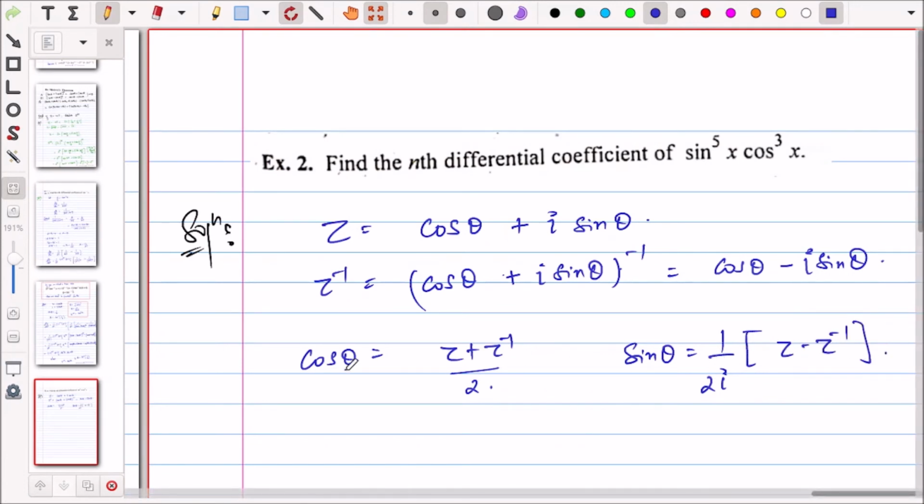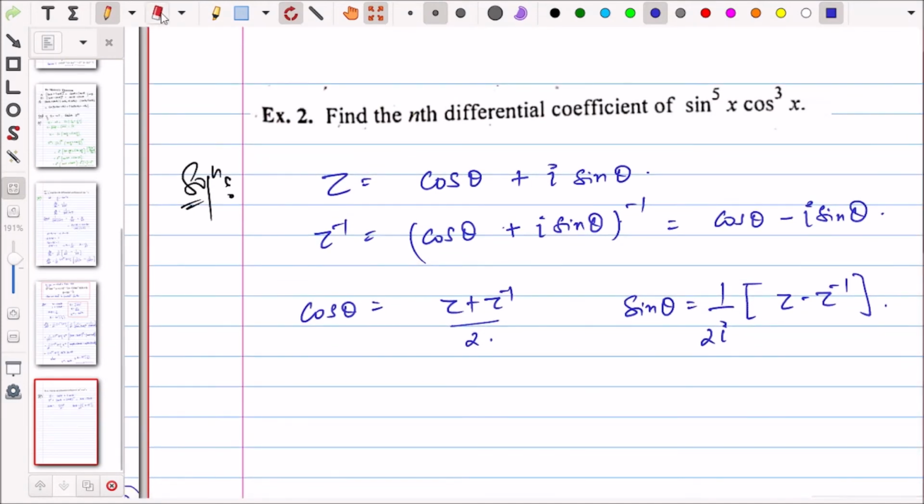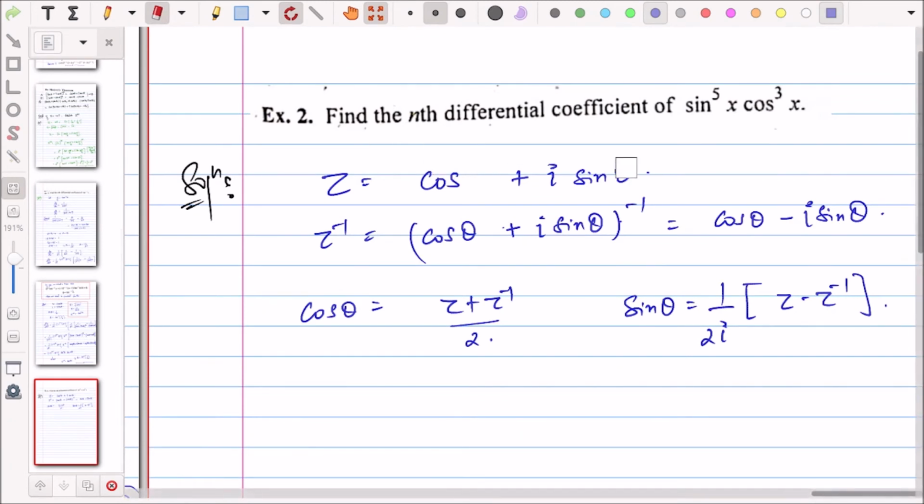So you have to remember these two formulas. This we get by simply adding these two, and this we get by subtracting these two. Now you can put it here. We have to take x instead of theta, because we are given x here. So cos x, sin x, all this becomes x.